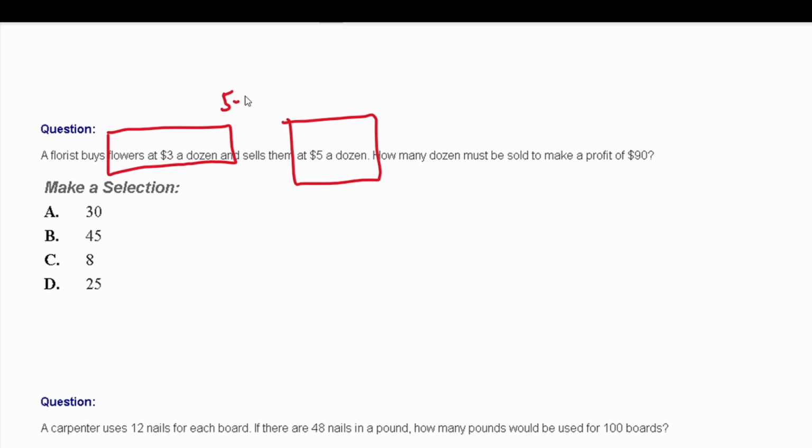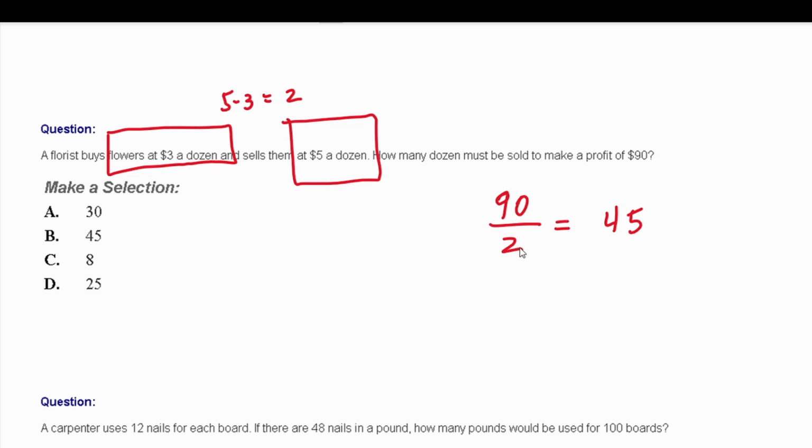Again, 5 minus 3 is 2. So if she's making $2 profit per dozen, and we want to figure out how many dozens must be sold for her to earn $90, we'll take 90 and divide that by 2. Again, you should know 90 divided by 2 is 45 if you're good with times tables.